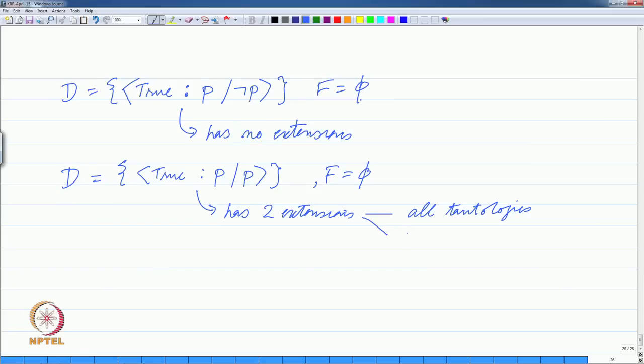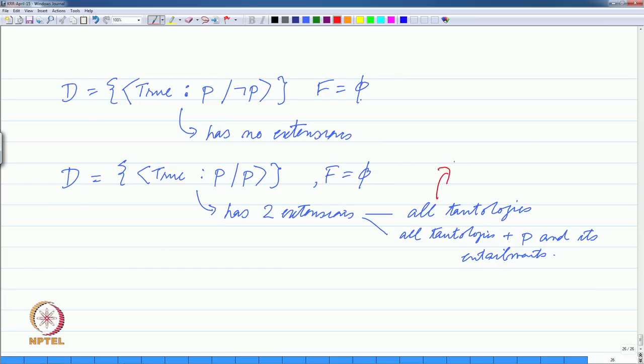The other one has all tautologies plus entailments plus p and its entailments. So, there are actually two extensions to this, one in which p is not present, which is also an extension, and one in which p is present. You are allowed to add p because the extension does not entail not p essentially.